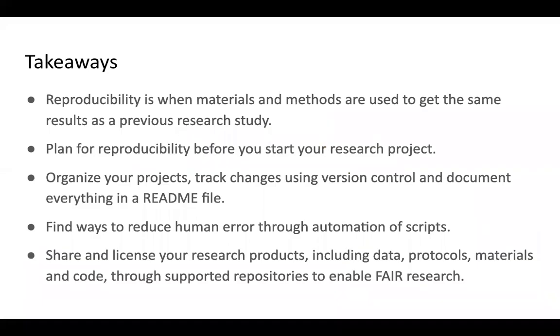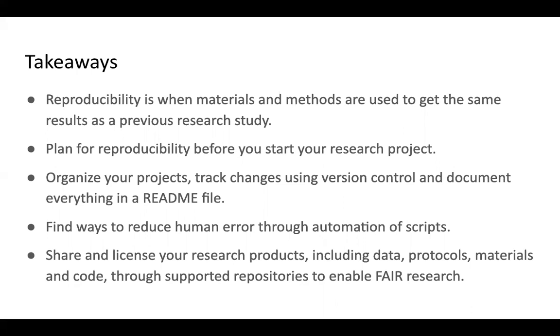Great, so I hope you have identified some steps you can take to increase the reproducibility of your work. I'll just go through these takeaways from today's session. So reproducibility is when materials and methods are used to get the same results as a previous research study. You should plan for reproducibility before you start your research project by creating a data management plan or writing a study plan.